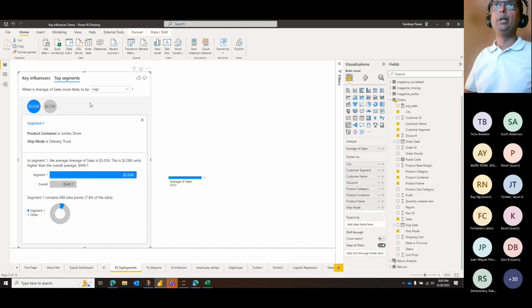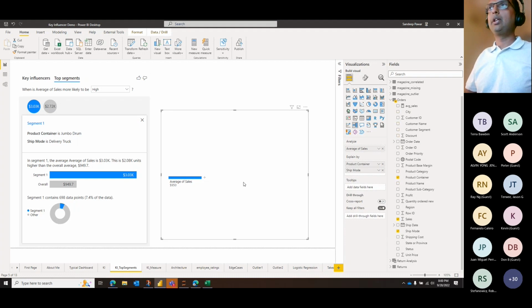That's good to know. We can get to that exact same thing using the decomposition tree as well. Here is the decomposition tree, this tree-looking thing. I'm doing analyze by average sales, and explain by product container and shipping mode. You'll see 950, which is what we saw.